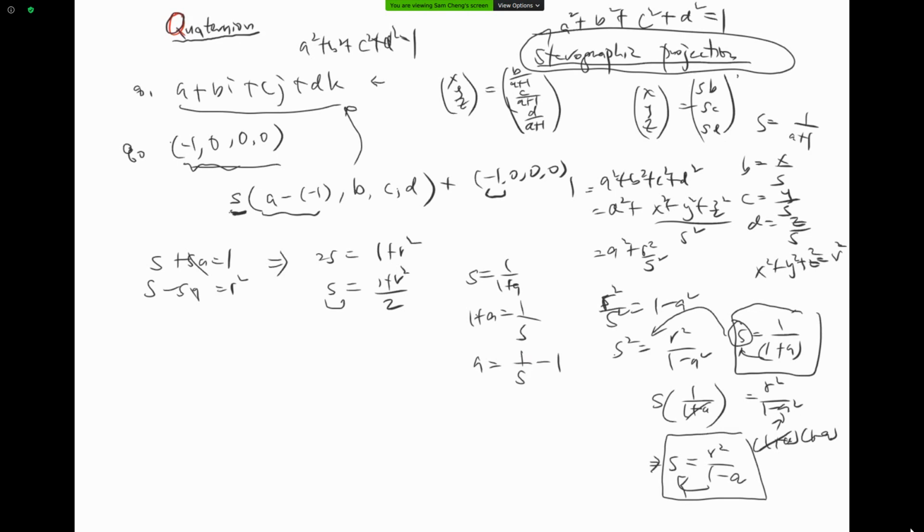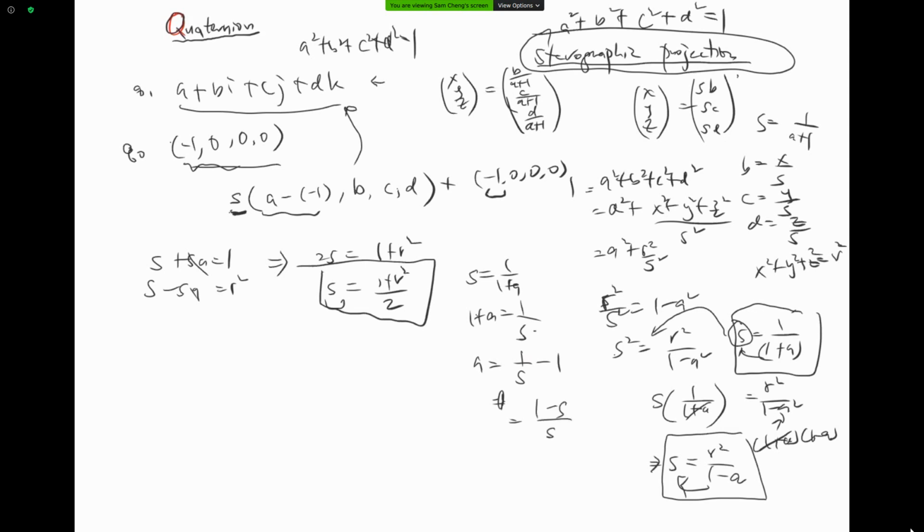Actually, it's okay, I can stop here. I think I'm happy with that. So s is equal to this one here. a is equal to 1 over s minus 1, or I can make it 1 minus s over s.